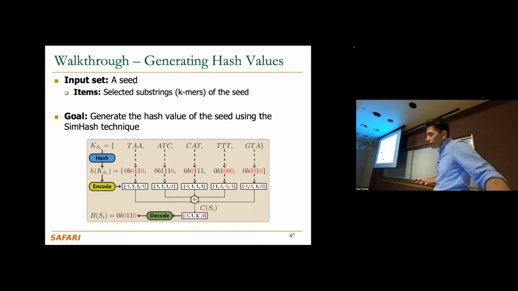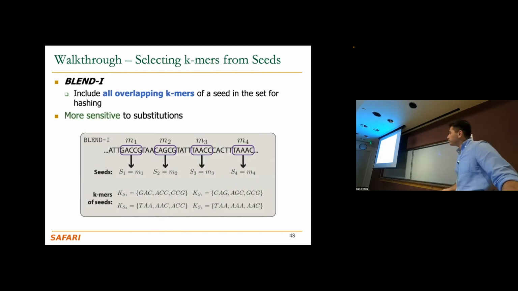This one will be the hash value for the seed where we identify its contents, and we use that hash value in order to either store in the hash table or query the hash table. We provide two insights on how to select the substrings within a seed.